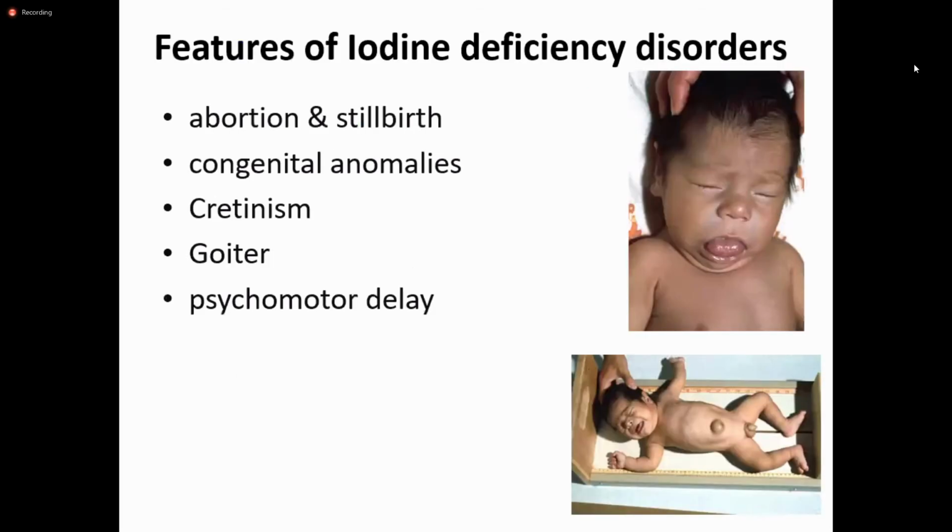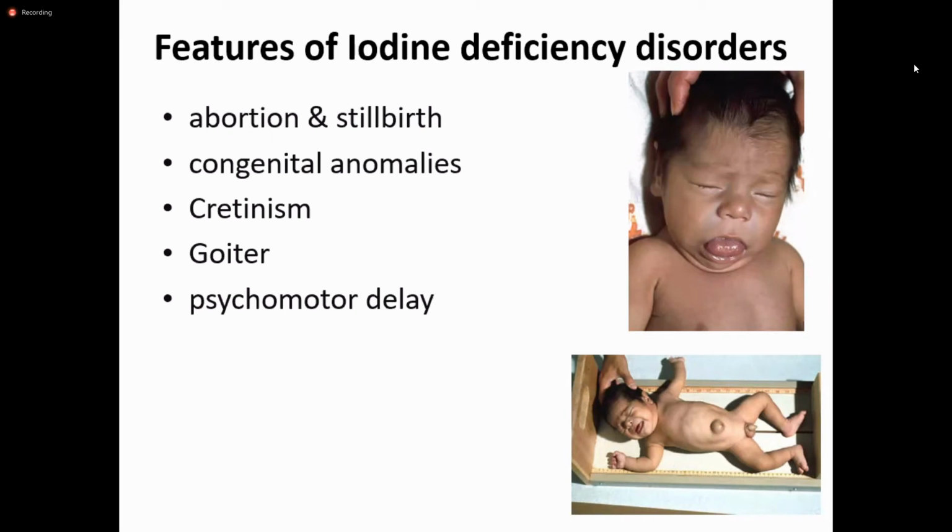Now, another micronutrient deficiency, which is again prevalent, especially in the hilly region of our country, is iodine deficiency. If the iodine deficiency is in utero, during fetal life, it can cause abortion or stillbirth or congenital anomalies.